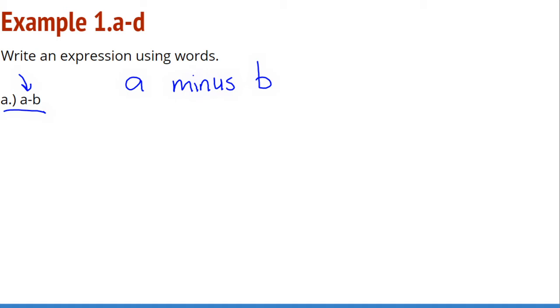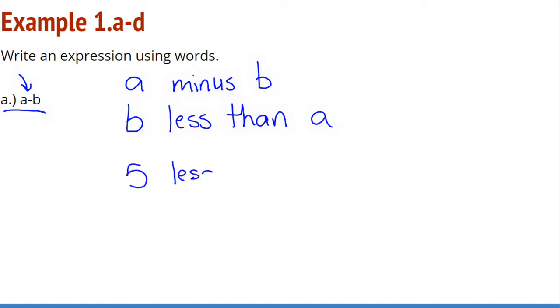It would be nice if everything in life was just A minus B. But sometimes people will say that we have B less than A. And it might be that I have less than you. And so we might say that I have 5 less than what you have, and maybe you've got 15.